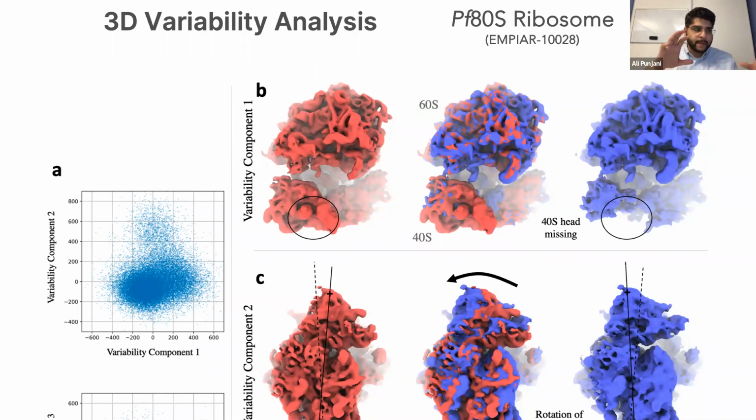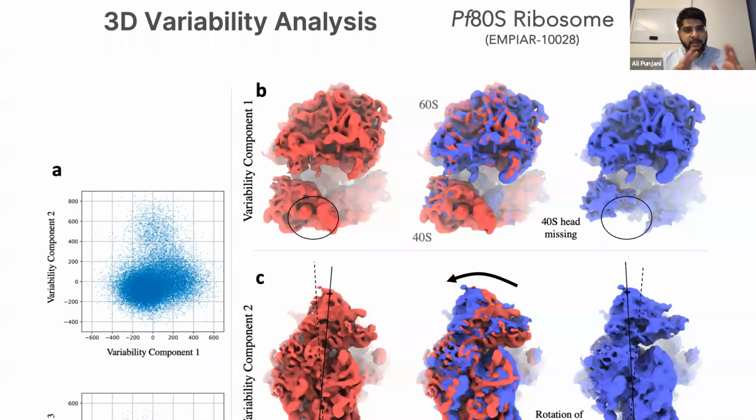And so the motion that you see in each variability component, you can't say that it definitely happens by itself and the other motion in the second variability component happens by itself. It could very much be true that many particles have both kinds of motion together and many particles have the opposite motion together, or they're somehow one way or another correlated, or rather dependent on each other.